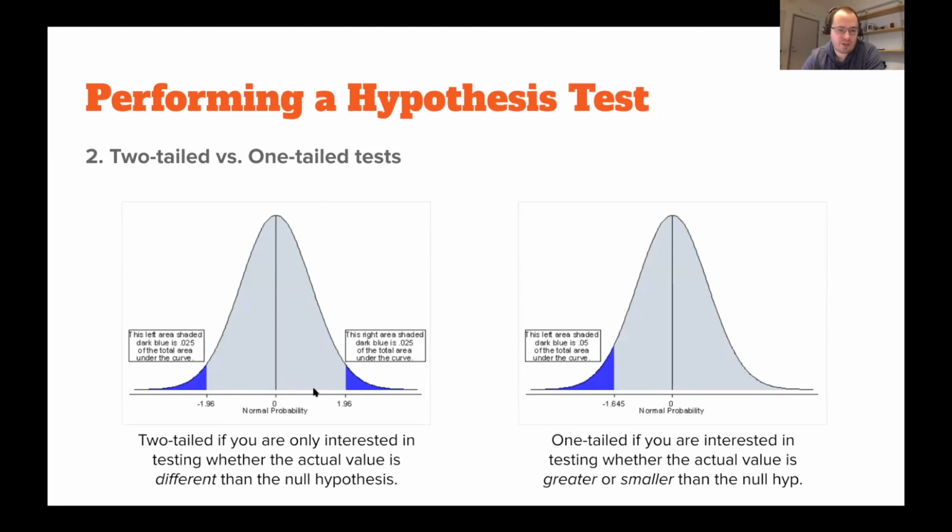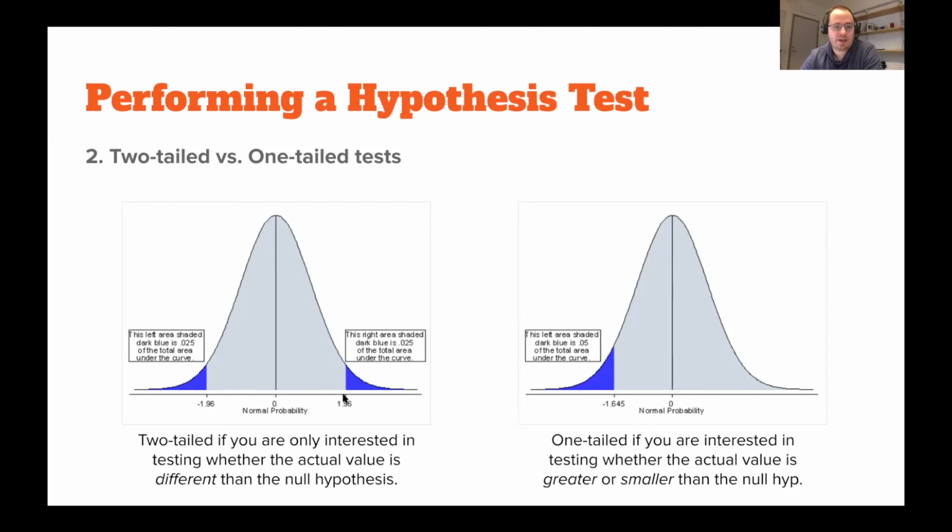Then it falls somewhere within here. If it does, then you know it is not a rejection, because it's inside the gray area where it's not extreme enough to reject your null hypothesis. So it's actually likely to happen given the null hypothesis, so you cannot reject the null hypothesis.